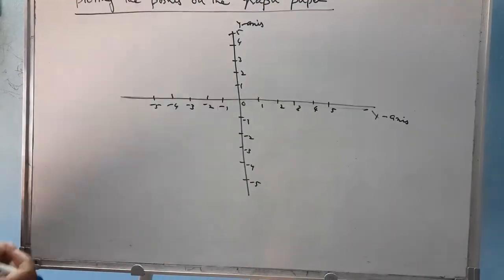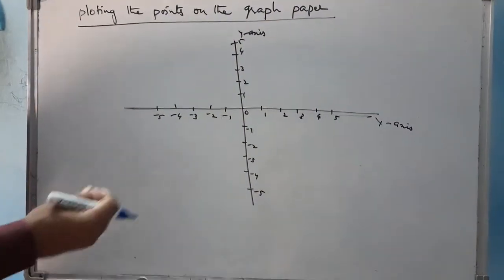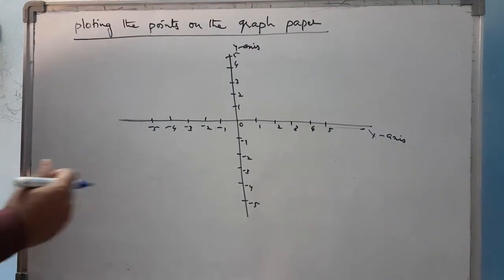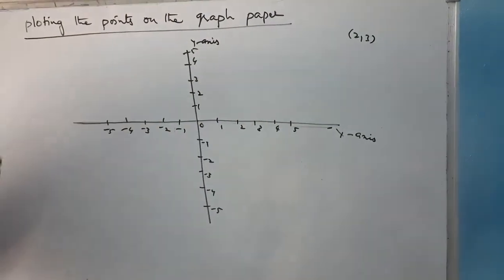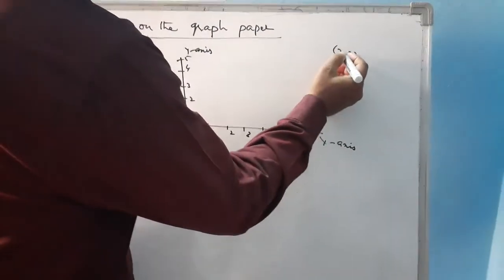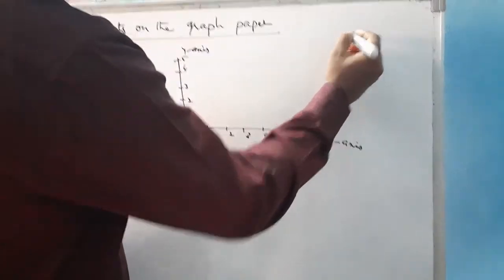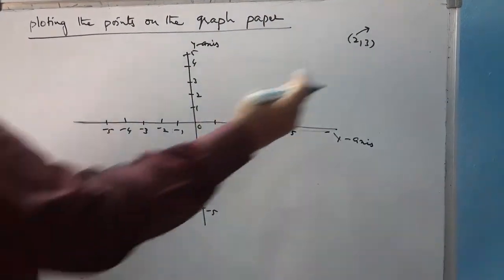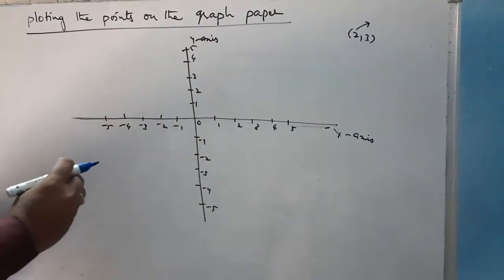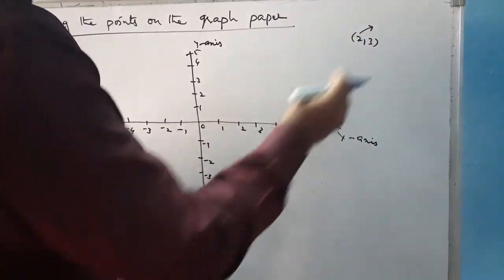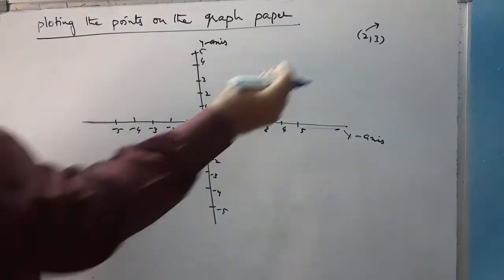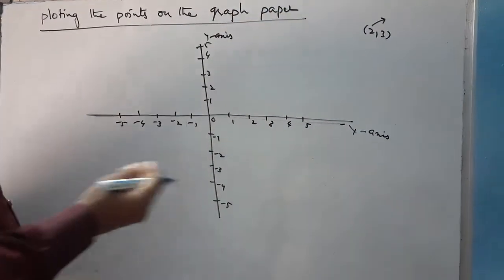Now we are going to plot some of the points. Now I am taking (2, 3). Here, 2 is known as the x coordinate and 3 is known as the y coordinate. So how to plot (2, 3)?